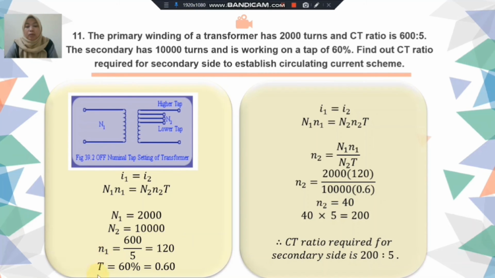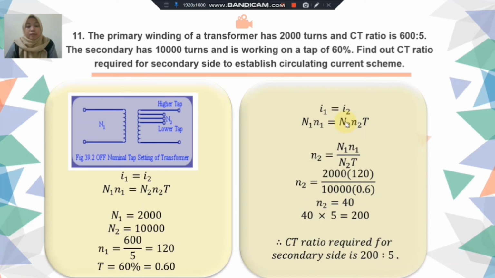After that, we know the tap that has been given is 60%, so we change it to 0.6. We know the current at 1 is equal to current at 2, which is primary and secondary. So to find the current, the number of turns will multiply by the CT ratio here.